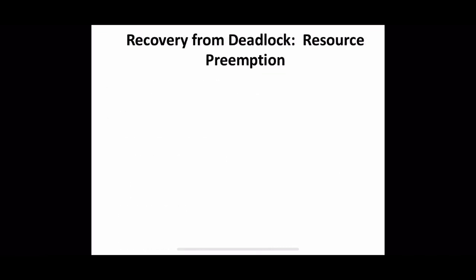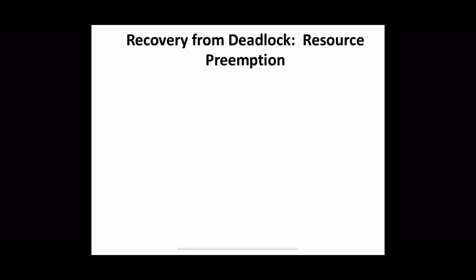Coming to the second method of deadlock recovery, that is resource preemption. So we are not aborting any process in this case. Instead, we will select some of the processes and preempt the resources held by these processes and allocate those resources to some other processes in the same set of deadlocked processes. And this procedure will be repeated until the deadlock cycle is broken.